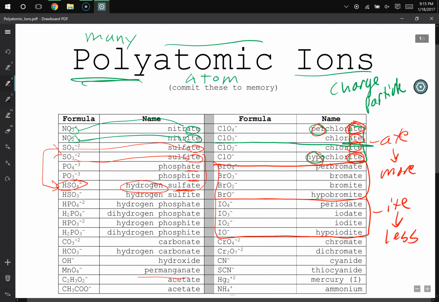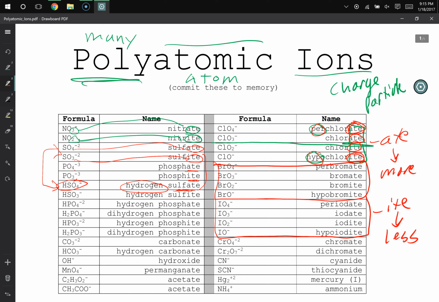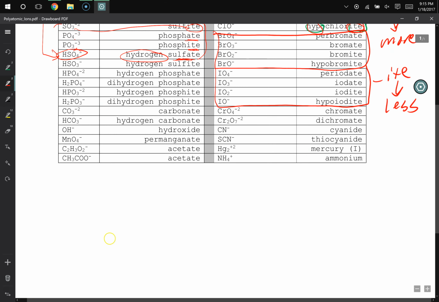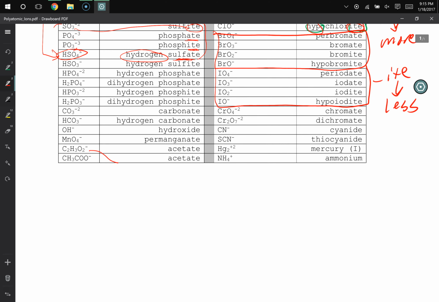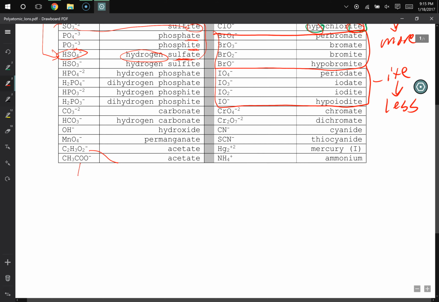We've got acetate written here twice, and that's because one of these is a little bit better to understand what's going on. What I mean by that is this is just showing me how many carbons, hydrogens, and oxygens and what the charge of the acetate is. Here, I get a little more information.